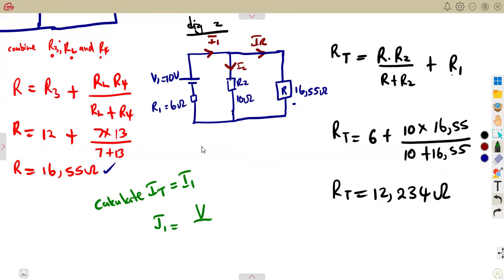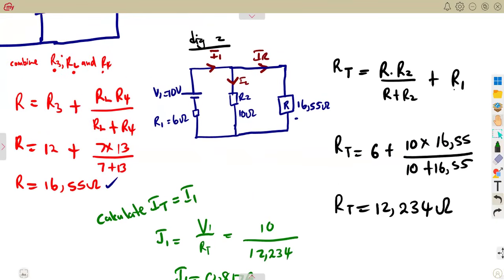So it's the total voltage, which is V1, over the total resistance. V1 is 10 over the total resistance of 12.234. That is going to give us I1, which is 0.817 amps.